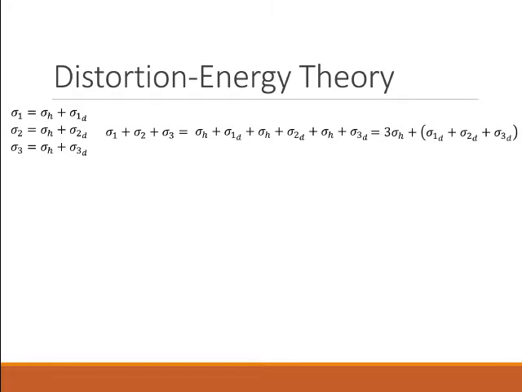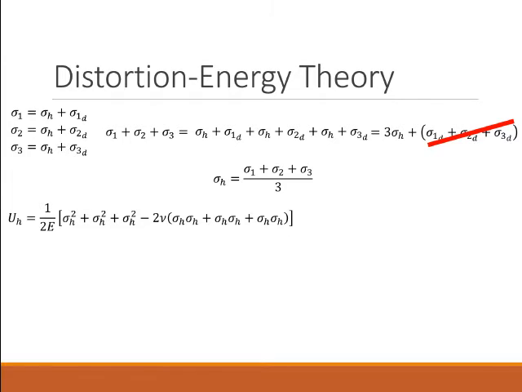Now again, what we want to consider is only the hydrostatic. So if we're only considering the hydrostatic, we can cancel everything that has to do with distortion. So we'll understand what the hydrostatic stress is as it relates to our principal stresses.